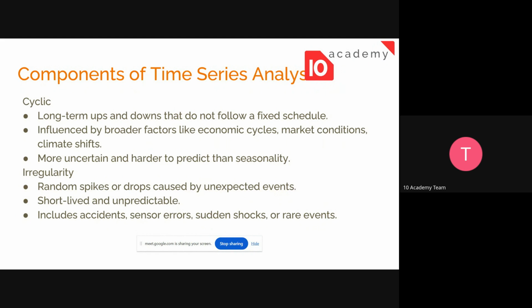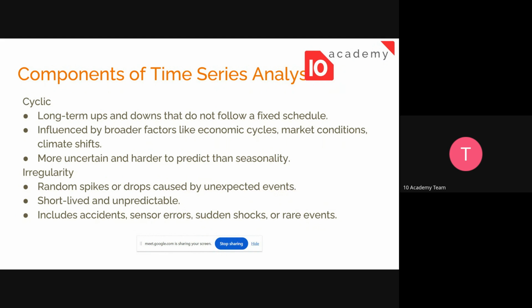They are short-lived and unpredictable, because they might be a mistake or an unexpected event. It includes accidents, sensor errors, sudden shocks, and rare events. I think you worked on the week zero challenge with sensors, right?